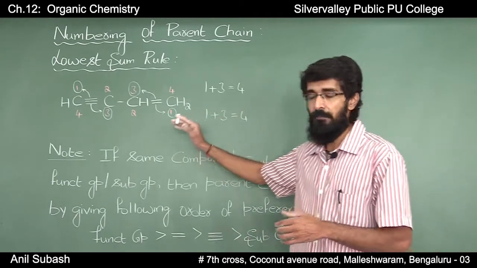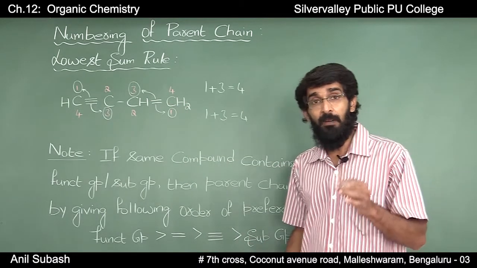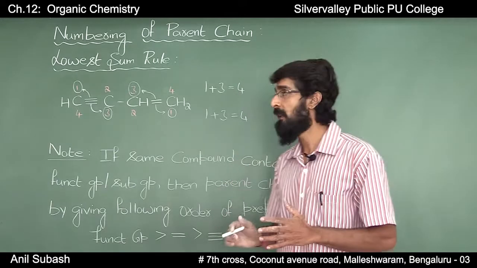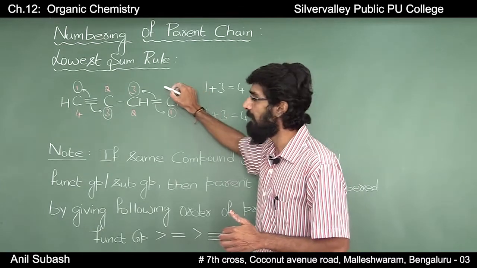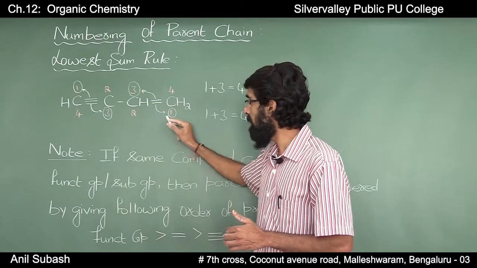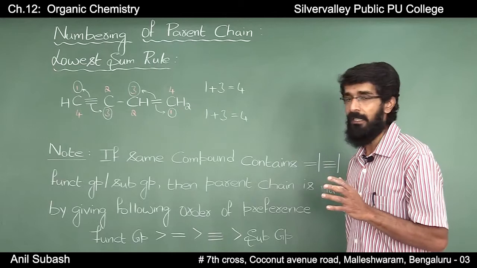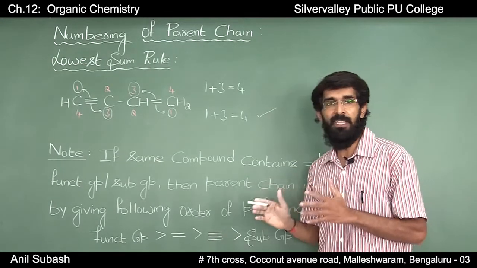In this case, the parent chain is numbered in such a way that the double bond should get the minimum locant. If I number it from the left hand side, the double bond gets a locant 3. If I number it from the right hand side, the double bond gets a locant 1. Therefore, the correct way of numbering is from the right hand side.